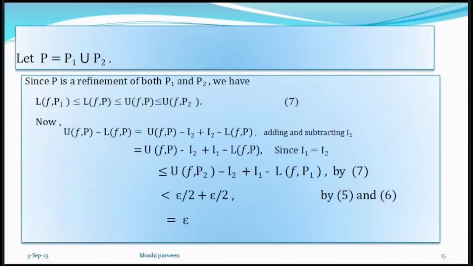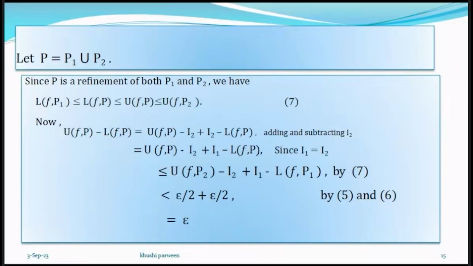Now let P equal P1 union P2, which means P is the common refinement of both P1 and P2. A refinement means all the partitioning points of P1 as well as P2 are also partitioning points of P. Since P is a refinement of both P1 and P2, we have the lower Darboux sum with respect to partition P1 is less than or equal to the lower Darboux sum with respect to partition P, and we know that the lower Darboux sum is always less than the upper Darboux sum.